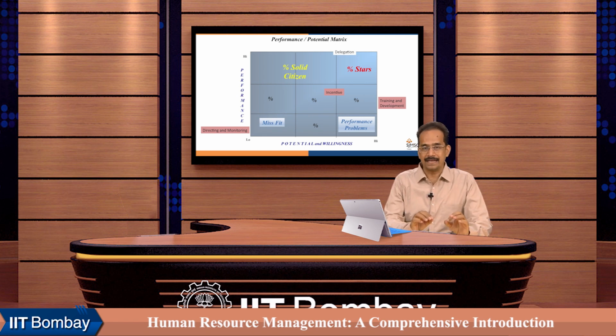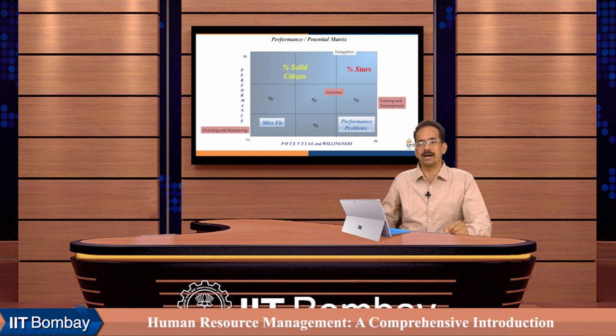Misfits have to be directed and they deserve more monitoring, whereas people who are in the middle range of performance and the middle to high range of potential and willingness are the people most motivated by incentives. So, we can see delegation, incentives, directing and monitoring, and training and development may not work for all kinds of talent or all human resources.